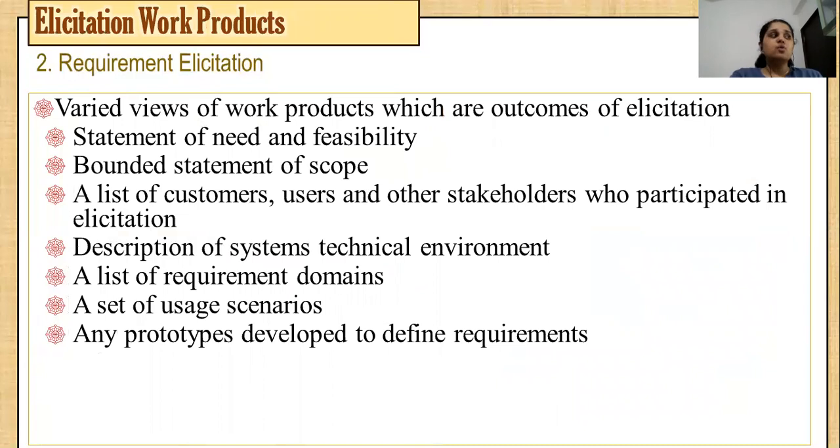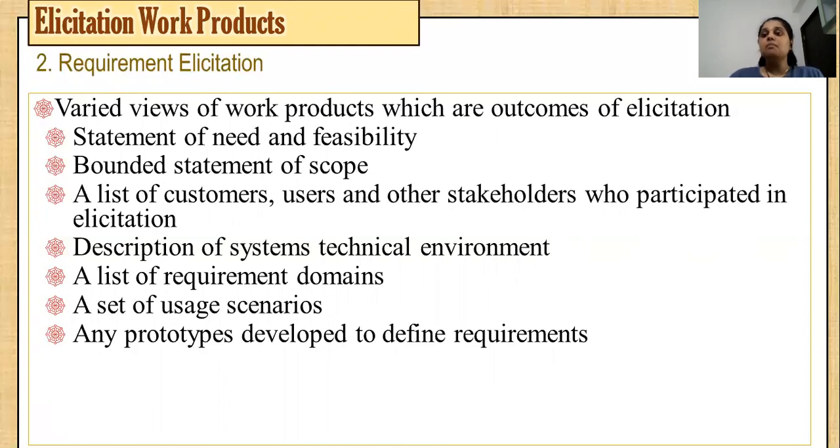Next, we are moving on to elicitation work products. Elicitation work products are nothing but outcomes of elicitation. So when you are doing requirement gathering, what is the final outcome of requirement gathering? These are the following work products or outcomes of elicitation. First, after elicitation, you can get a clean and neat statement of feasibility as well as requirement.